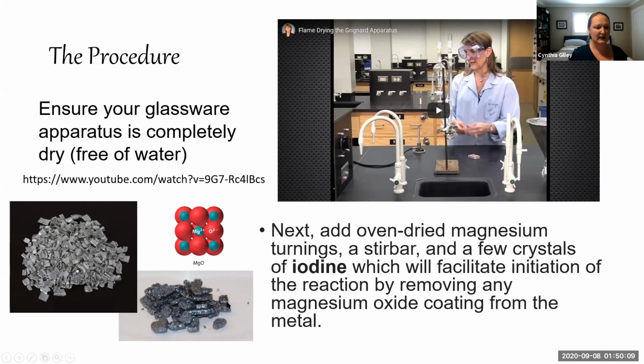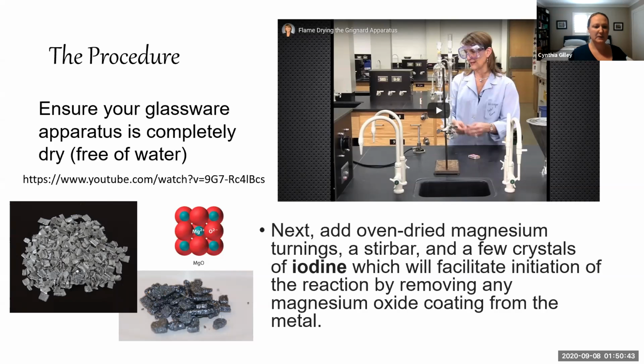In addition, the second thing you can do to expose the magnesium metal for the reaction is to add a few crystals of iodine. Iodine reacts with magnesium metal to form magnesium iodide. So once you've broken up a few of those turnings with your stir bar or with a spatula or your glass stirring rod, and you've exposed a little bit of magnesium, that iodine will find the magnesium that's exposed and it will start to react with it.